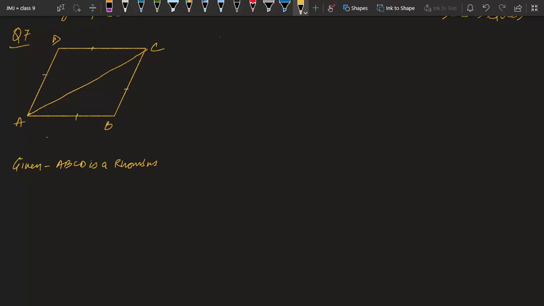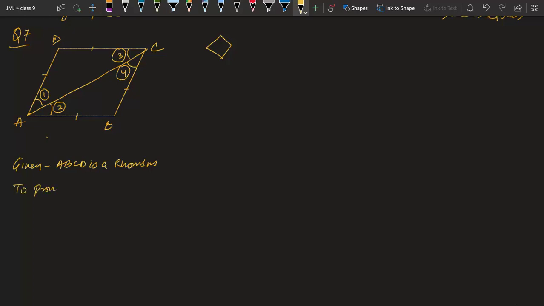Okay. You can make it in this way also. That is not an issue. That is also a rhombus. This is also a rhombus, because rhombus is a parallelogram with all sides equal. Now it is saying show that diagonal AC bisects angle A as well as angle C. So we have to prove in this case that these angles are equal. If you remember in the last question, this was given to us and it was said to prove it rhombus, but now they have given us it is rhombus and we have to prove the reverse thing.